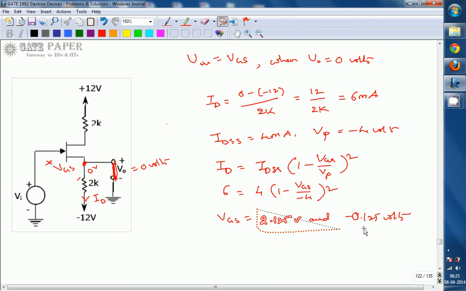VGS value is not these things. VGS value is minus 4.5 volts, and what you are getting is plus 0.5 volts.